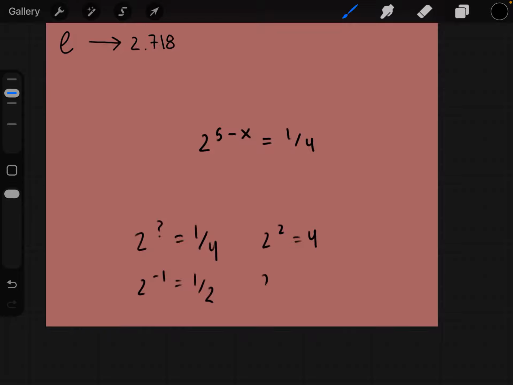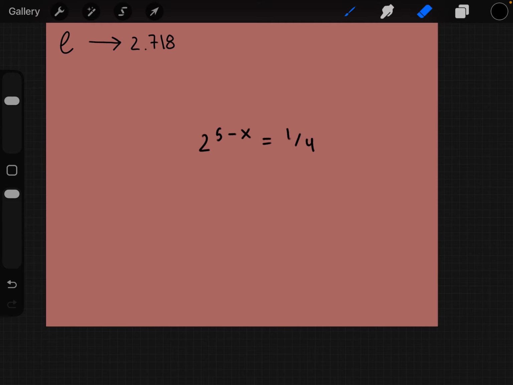So if we want 1 over 4, that's how we get 1/4. So it's negative 2. Then we just proceed like normal.